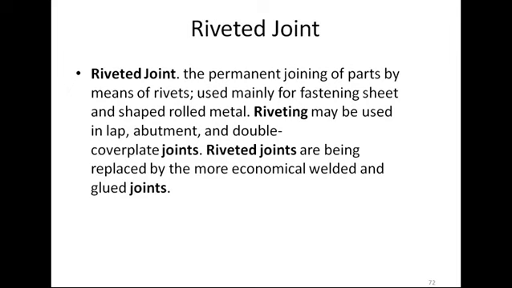Riveting may be used in lap, abutment and double cover plate joints. Riveted joints are being replaced by the more economic welded and glued joints. So riveted joints are permanent joints.